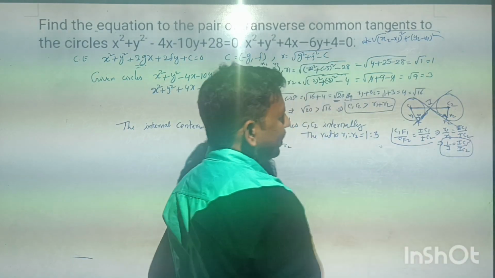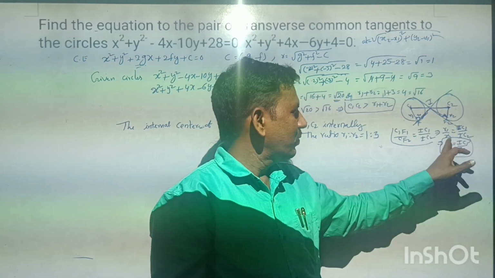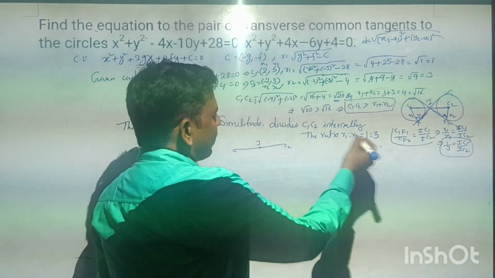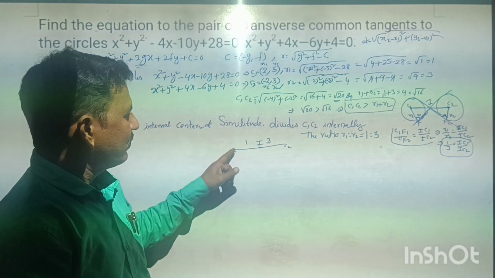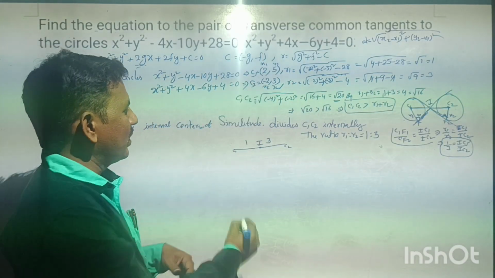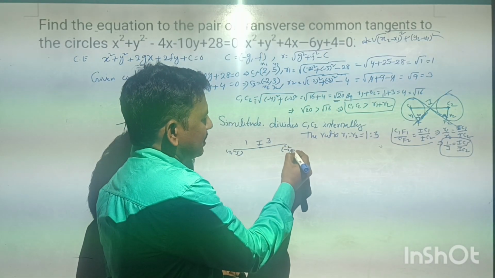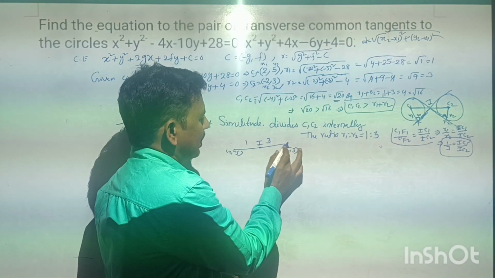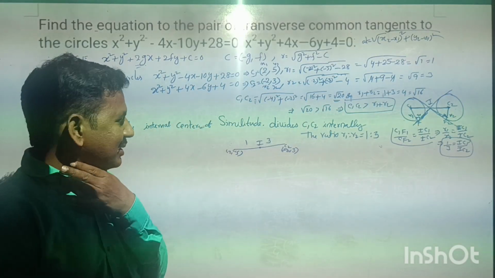The ratio: I divides C1C2 in the ratio of 1 is to 3. Here the center C1 is (2, 5), so C2 equals (-2, 3). Now we apply the section formula.